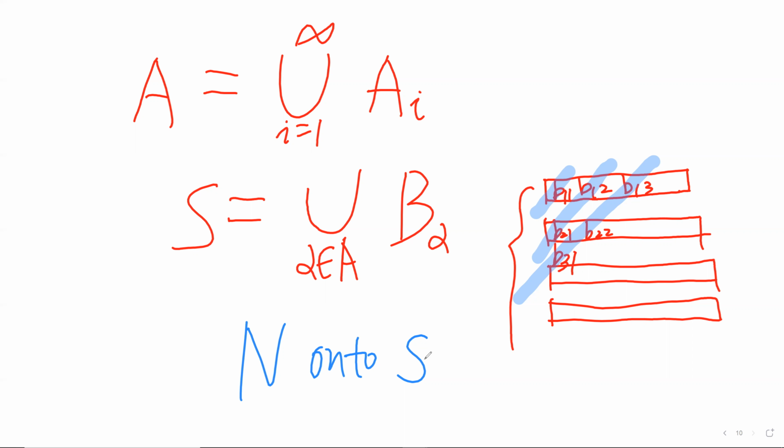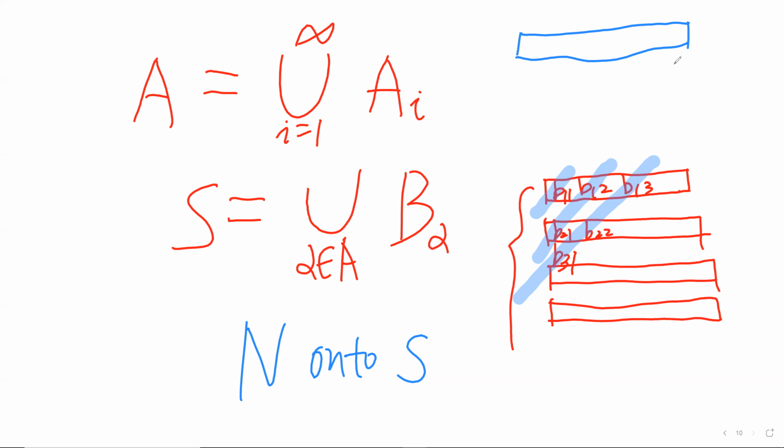So suppose S is uncountable, and you find a mapping that is onto.